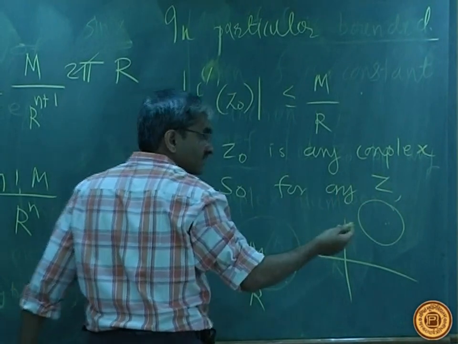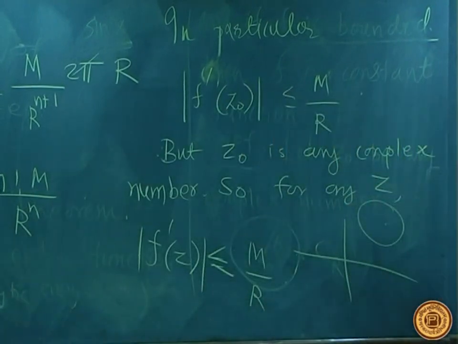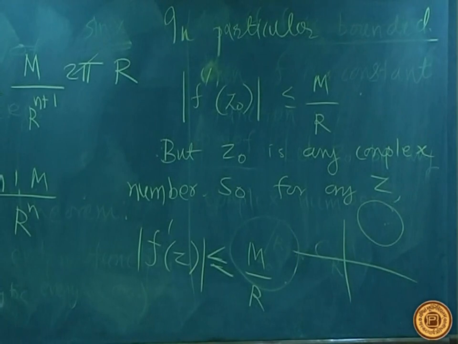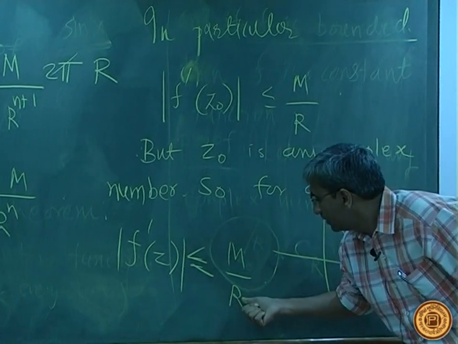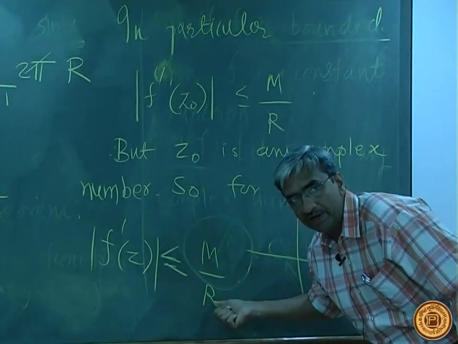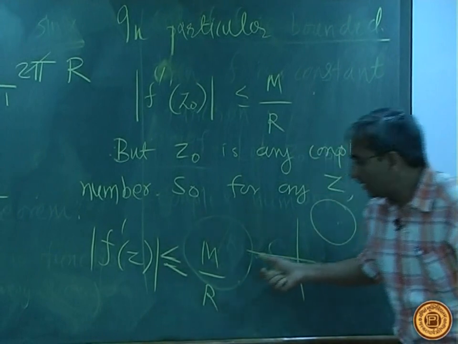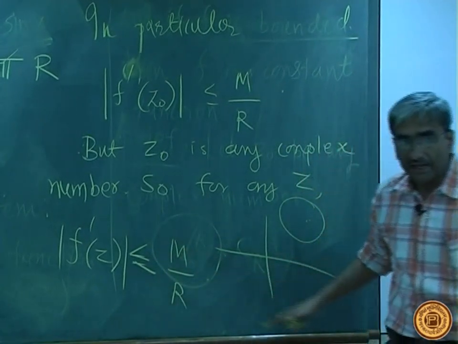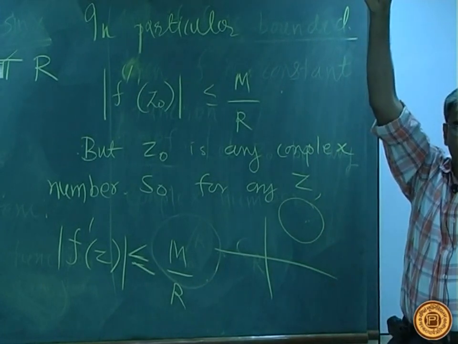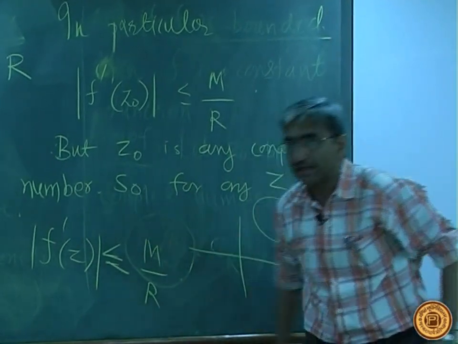So we can take r tending to infinity, because if I have some positive bound here, I can take r so large that it will still be less than that.